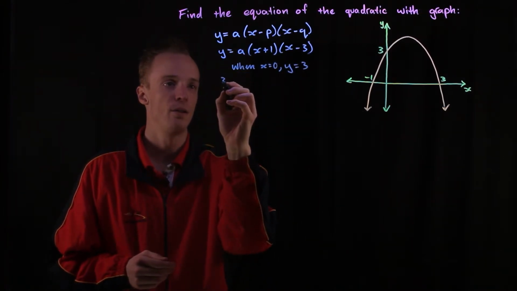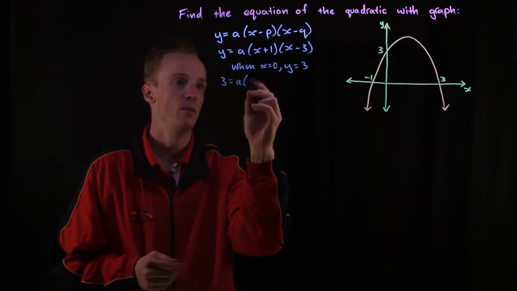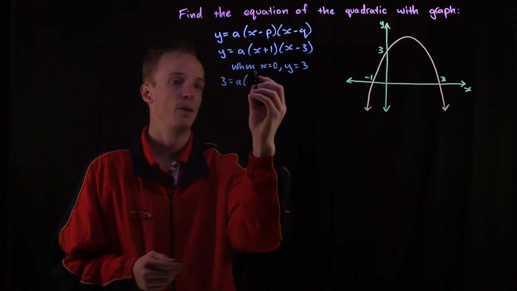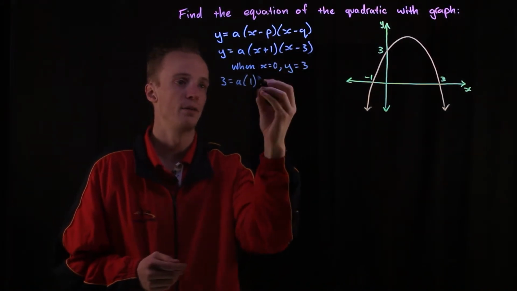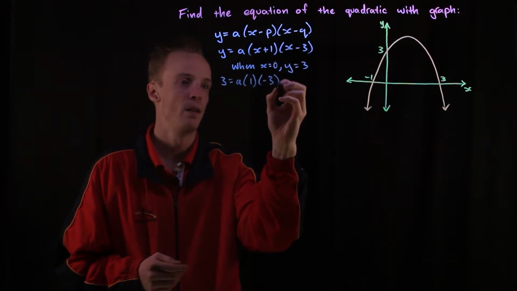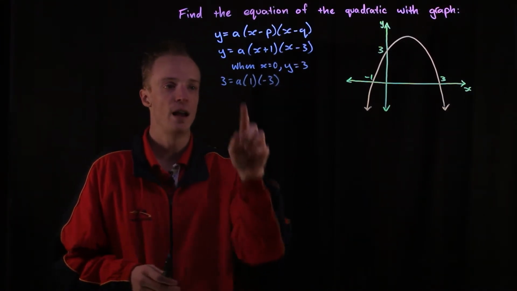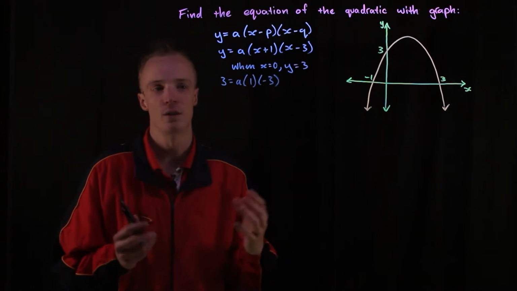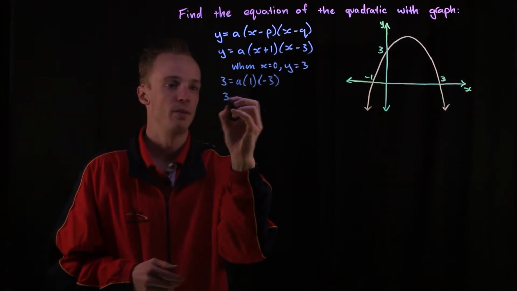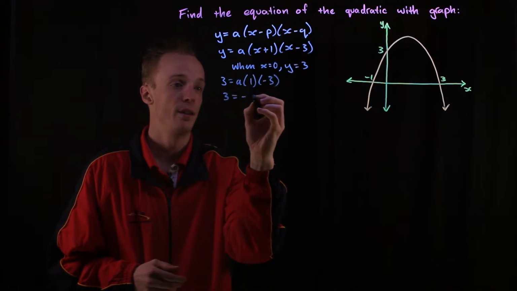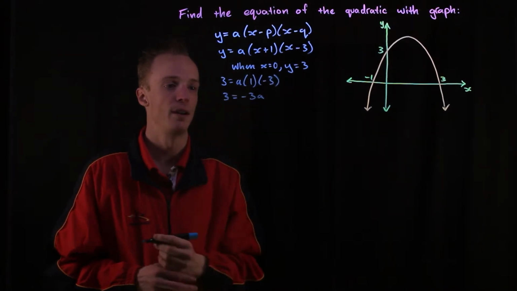So our y of 3 must equal our x of 0, so 0 plus 1 is 1, 0 take 3 is negative 3. And from here, we've only got a left in our equation, so we can solve for a. Simplifying this out, 1 times negative 3 is negative 3, so this will be negative 3a.